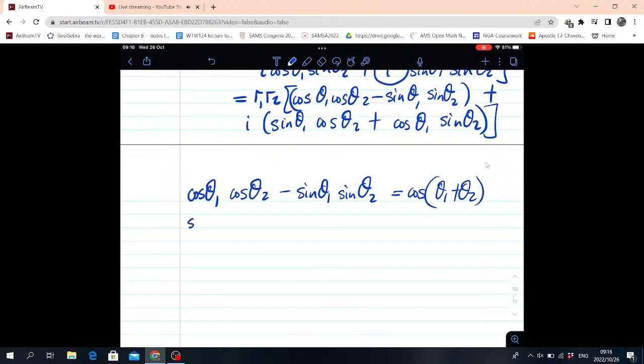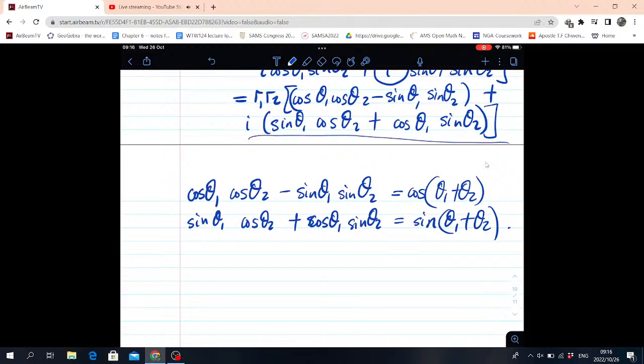And we also know that sine theta 1 cos theta 2 plus cos theta 1 sine theta 2 is equal to sine of theta 1 plus theta 2. And so therefore, from here, we can replace those in our expression there.